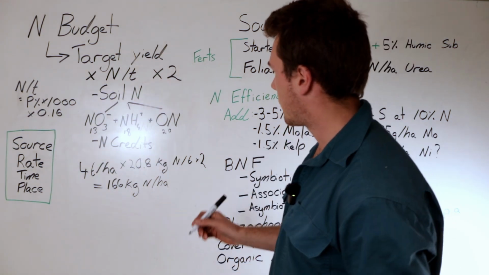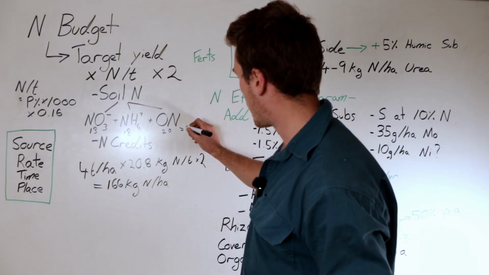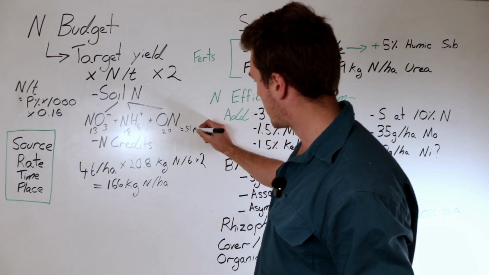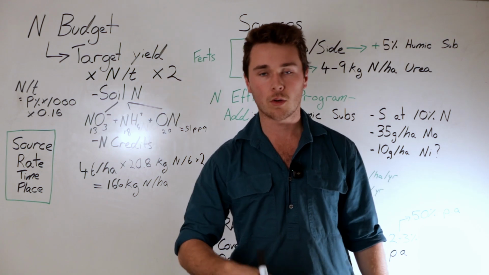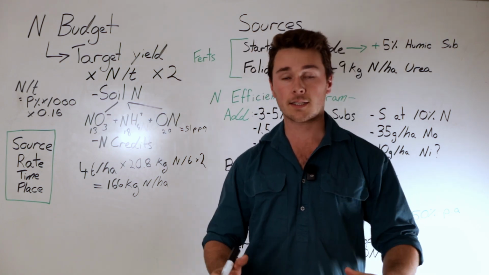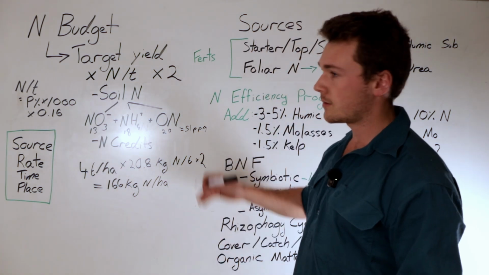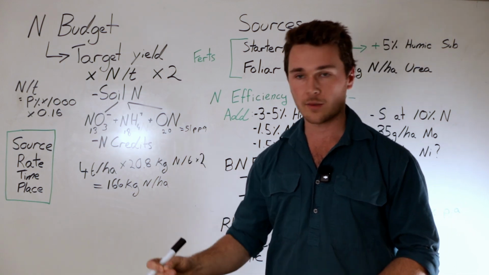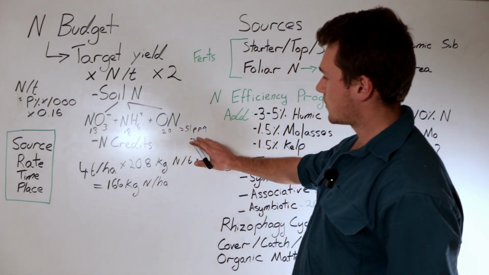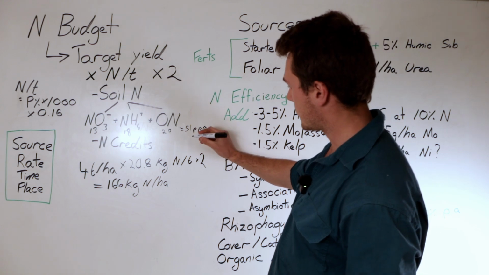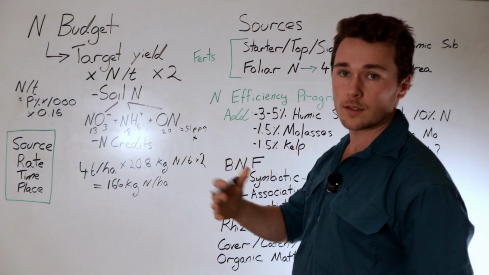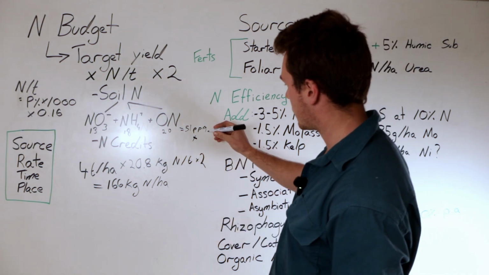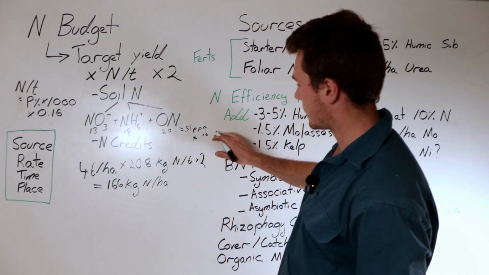Anyways, we add all that up and we get 51 parts per million of nitrogen in our soil, or milligrams per kilogram. Now, the next thing we want to do is convert this into kilograms per hectare. The easiest way to do it is you take this number and multiply it by the depth of your sample. Say for this one, we're sampling to 10 centimeters.